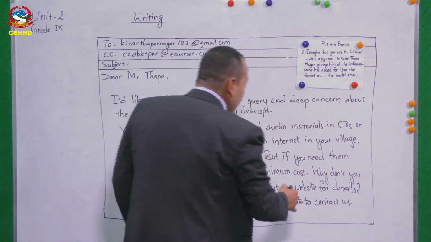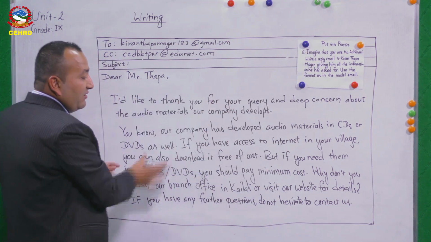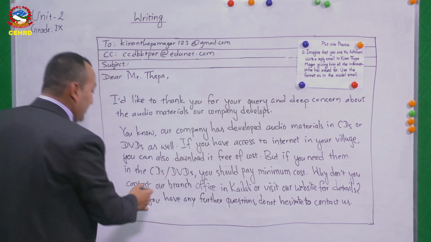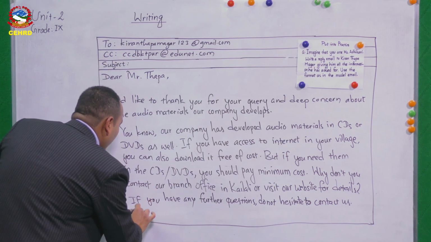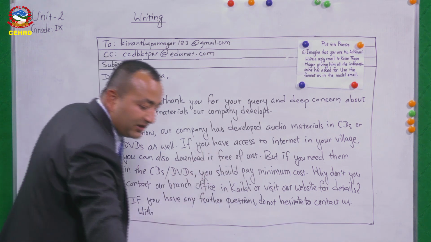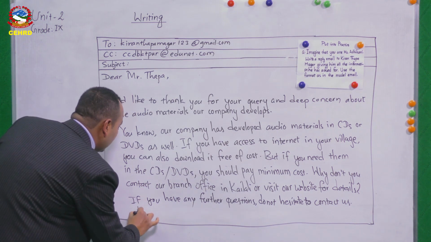Our website is for your information. For more information, visit our website at www. or something. You can write like that. Then, with regards or best regards, you can simply write that way, or you can write regards only also.